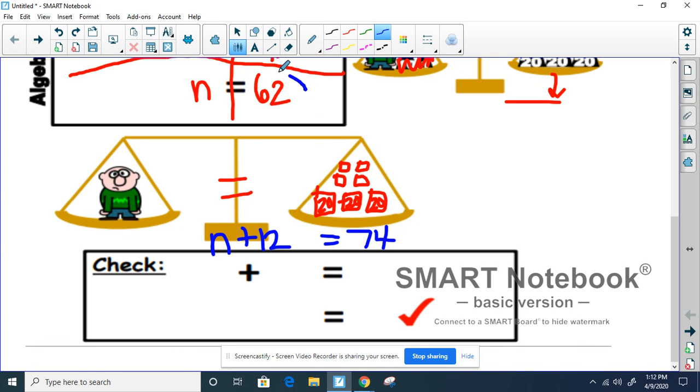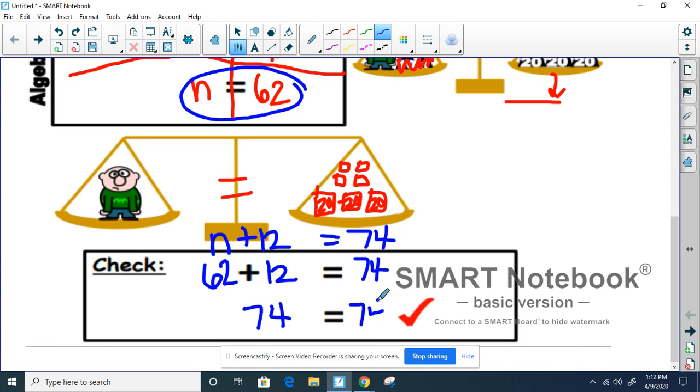And so what we're going to do is we're going to take our solution here and we're going to substitute it in for our variable. So N becomes 62 plus 12 should be the same as 74. Now here's the key. We really want to actually see, does this work? So 60 plus 10 is 70, and 2 plus 2 is 4, and 74 is the same as 74, so we know that it works.